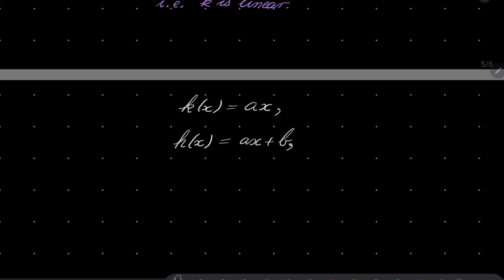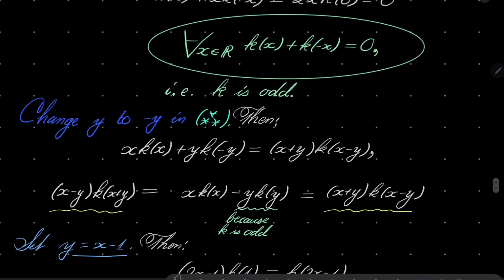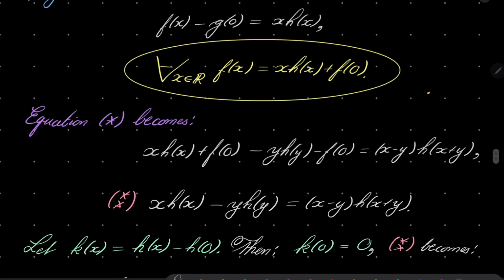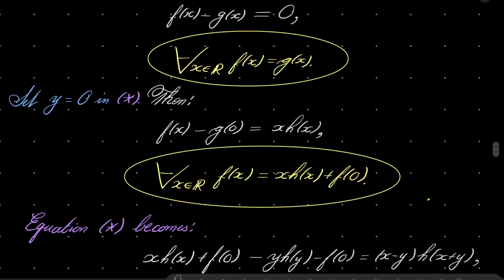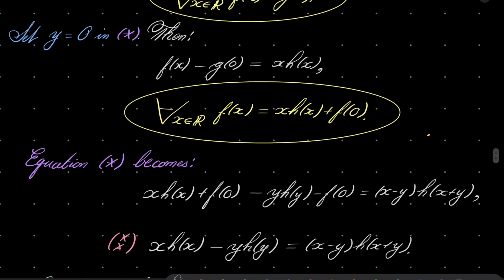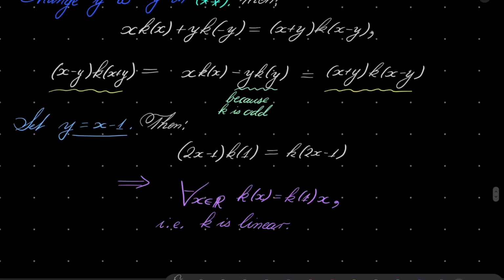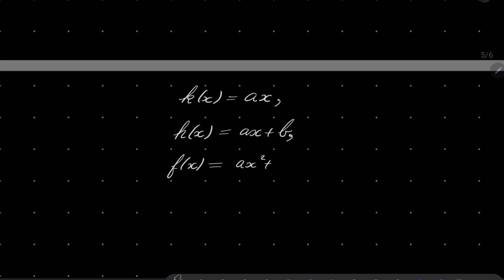All right. And what about f? What is f of x? Well, f of x, let's go back. Remember that f of x is x times h of x plus some constant, another constant. So it can be written as ax squared plus bx plus c. And what about g? Well, remember we have demonstrated that f equals g. So we have ax squared plus bx plus c.